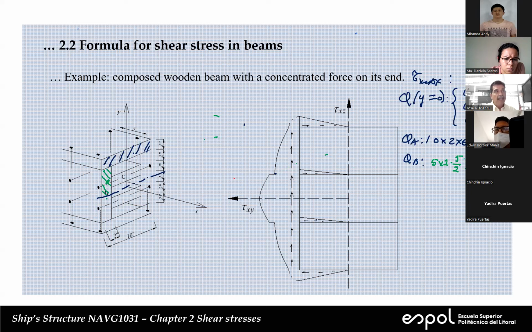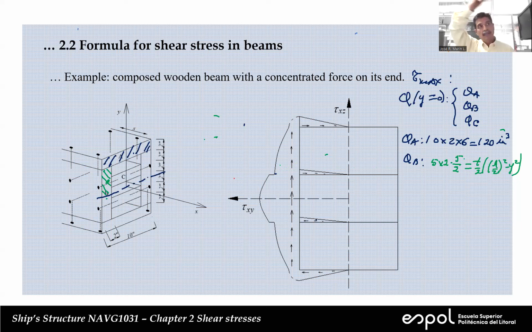In this case, half h is 10 because you are considering only the web. You have 14 total, and you take 2 inches in the top and 2 inches in the bottom, so you have 10. So 10 divided by 2 is 5 squared, which is 25, in inches cubed.